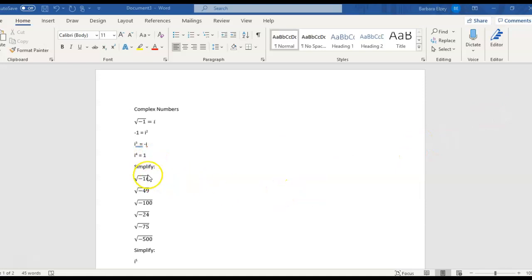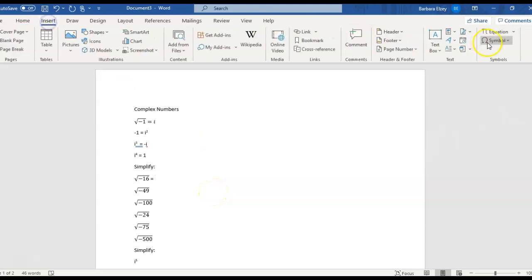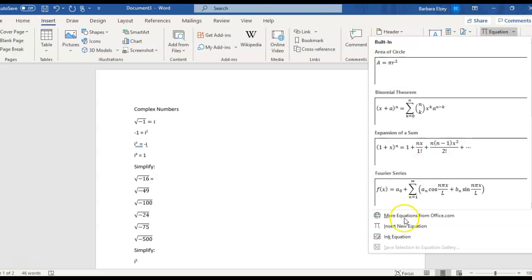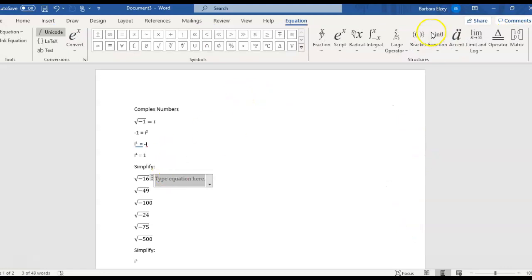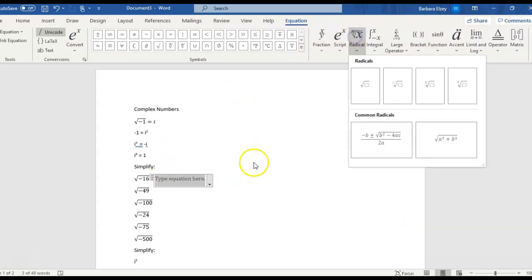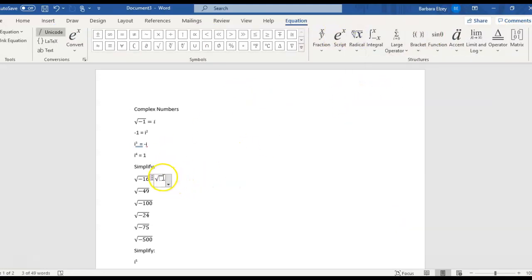Okay, but let's go on to simplifying some square roots that have negatives in them. So we know the square root of 16 is 4. Since we know the square root of -1 is i, let's think of it as this problem. We're going to have the square root of 16. I won't do this for every problem, but just giving you an idea of what's going on.